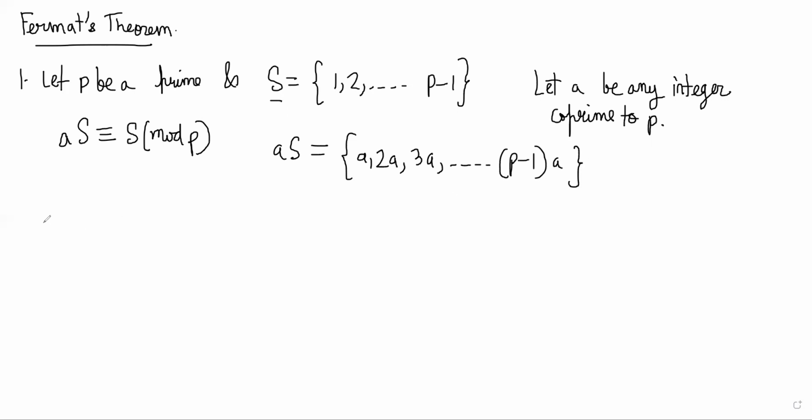Now if these sets are identical, then the product of these mod P will be equal to the product of these mod P, because they are identical.